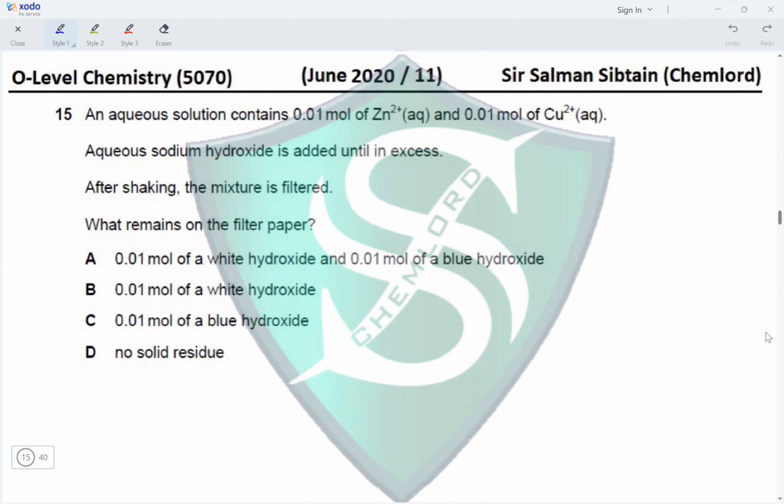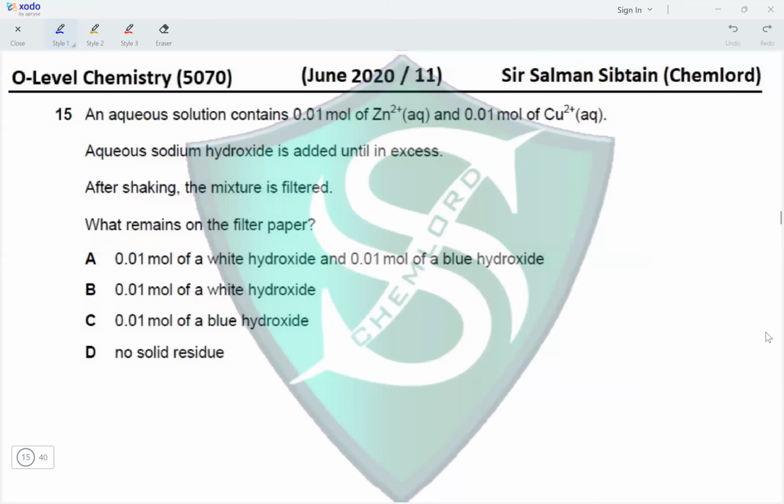So zinc will dissolve, forming a colorless solution, but copper will form a blue precipitate which will not dissolve in excess. So the precipitate would contain all the copper because sodium hydroxide was in excess. So this would contain 0.01 moles of copper hydroxide.